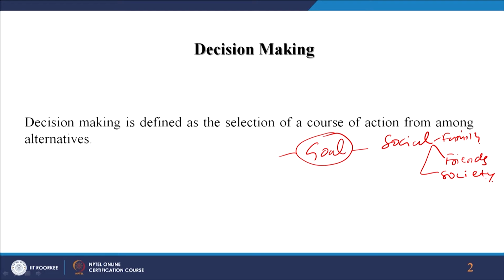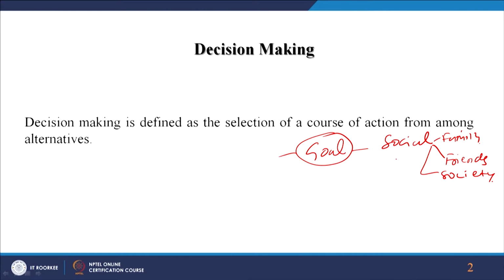Now, whenever a decision is to be taken, what is the person's priority? If it is the social priority, then the decision will be satisfying those needs.